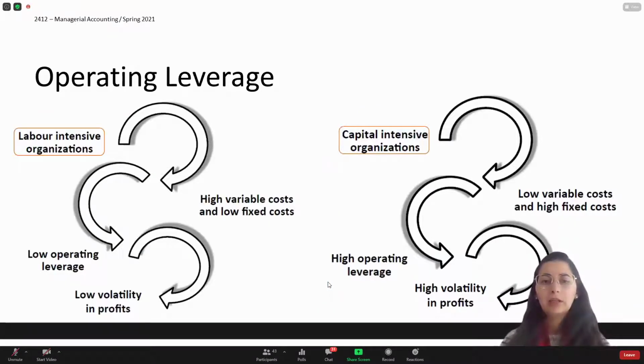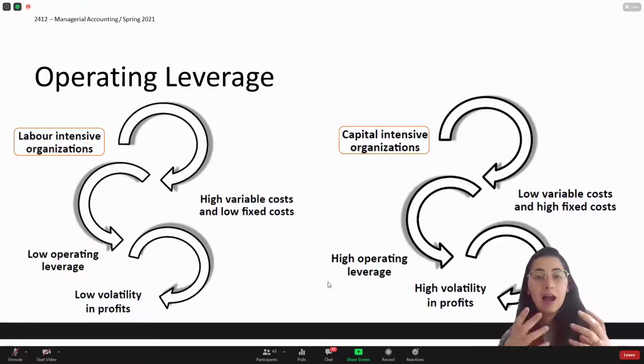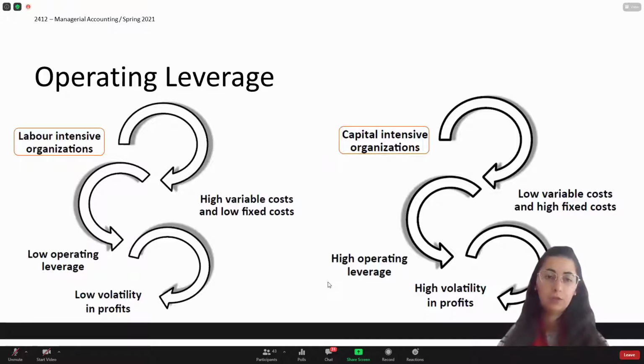So then we can look at organizations in terms of operating leverage. Labor-intensive organizations have high variable costs and low fixed costs. If they have low fixed costs and high variable costs, it means that they have low operating leverage. This is the example that we have here on the left-hand side of the slides.